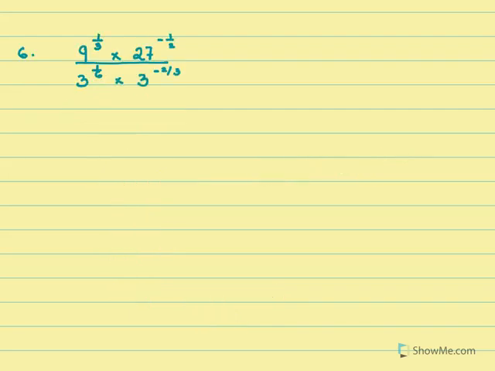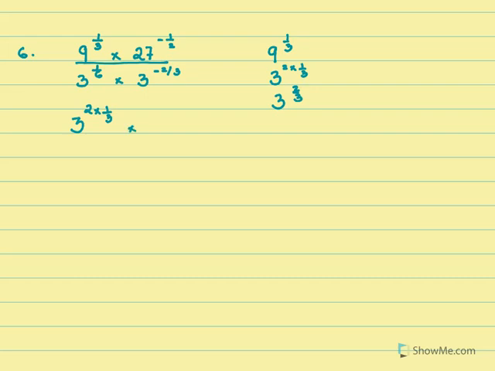Now for the sixth one, I'm going to take each term. For example, I got first 9 raised to 1 by 3. And you know 9 is 3 raised to 2 into 1 by 3. So this becomes now 3 raised to 2 by 3. So I'll write here for 9, 3 raised to 2 into 1 by 3.